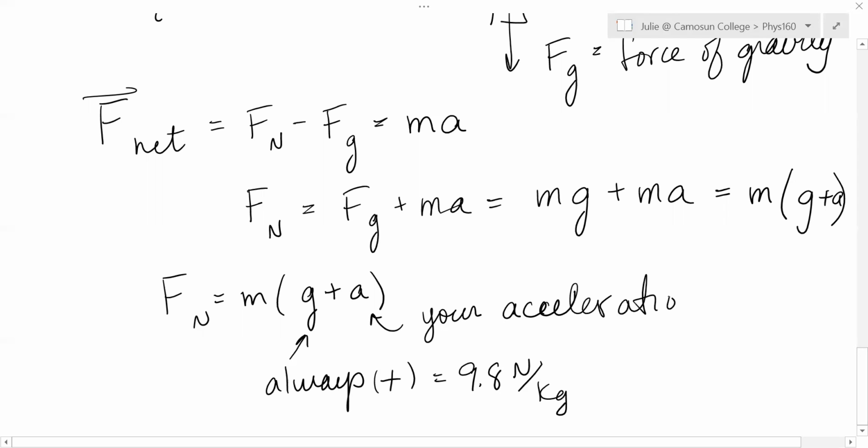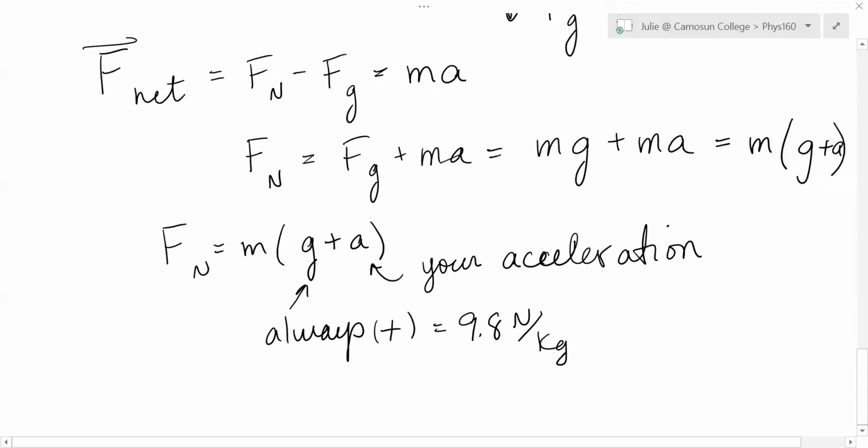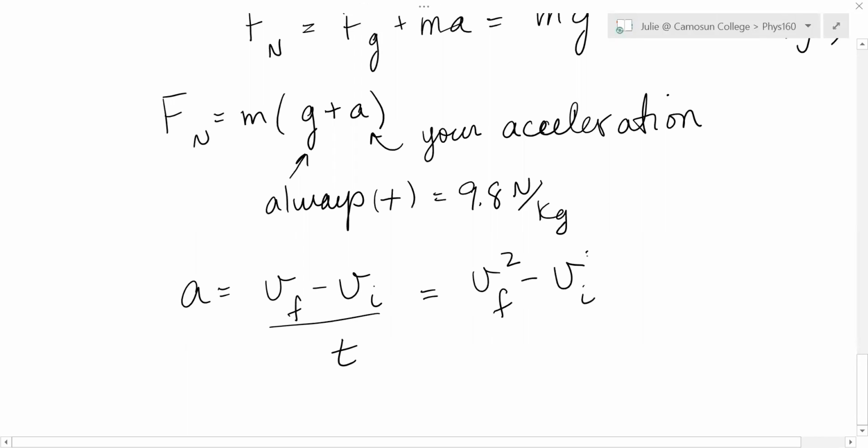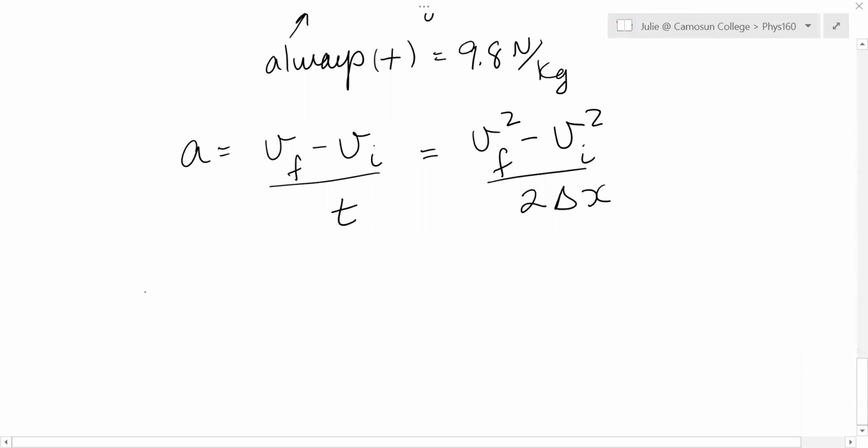Acceleration comes from VF minus VI over t, or VF squared minus VI squared over 2 delta x. It depends what you're given. So, for example, VI is 0 for this jumping. Okay, so those equations are always true. So assume VI equals 0.